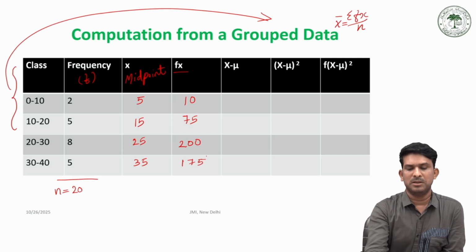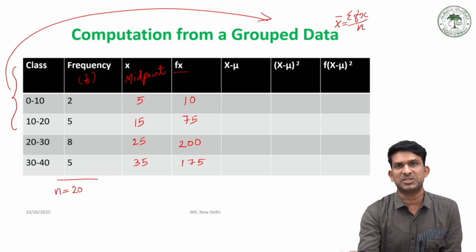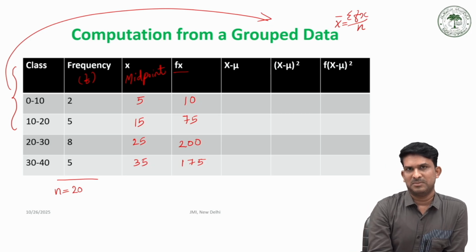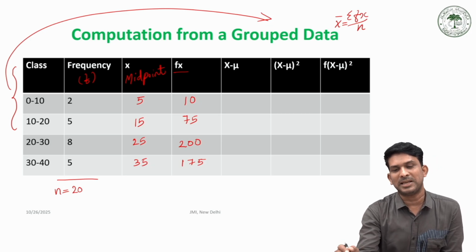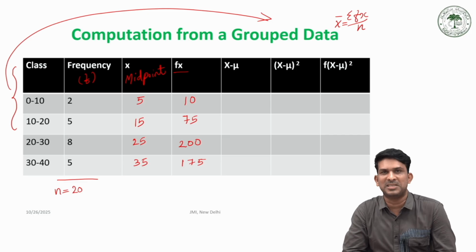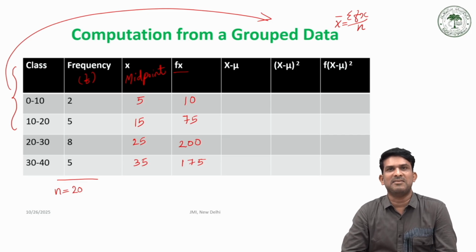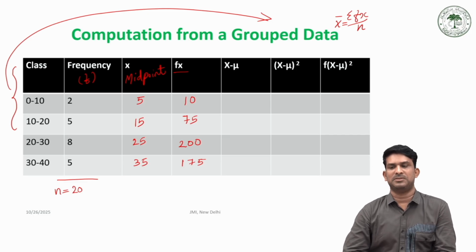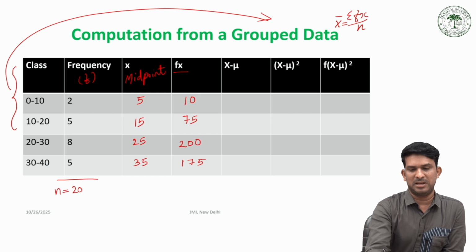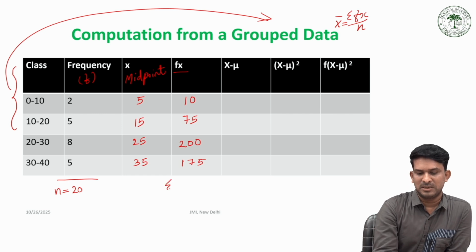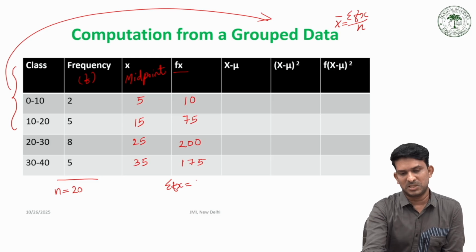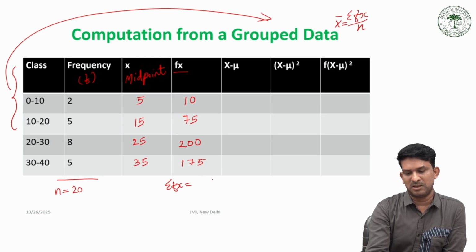Let us go for a total. Then we will get sigma fx. What we are doing? Calculating the arithmetic mean to facilitate the standard deviation computation. Sigma fx by n. 5 plus 5, 10.